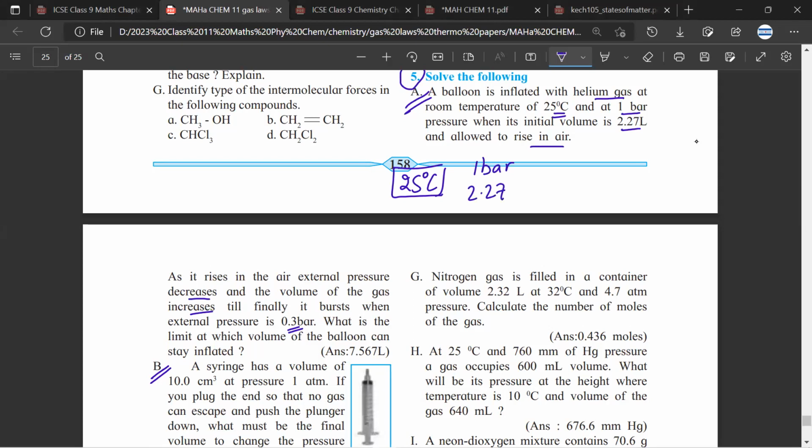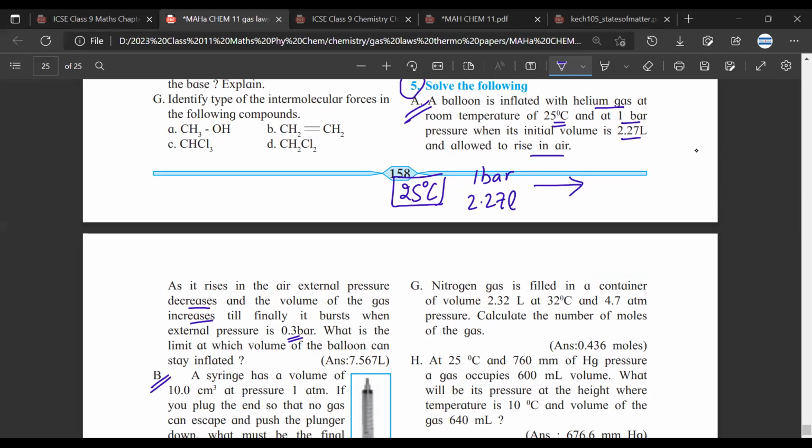It starts rising. When it starts rising, please try to understand what happens when this balloon starts rising. So this is say surface. Now when the balloon is at surface, approximately around 10 kilometers of atmosphere is above the balloon.